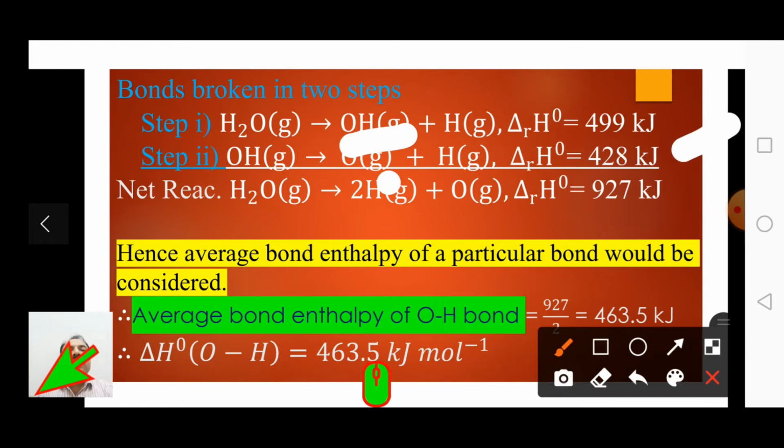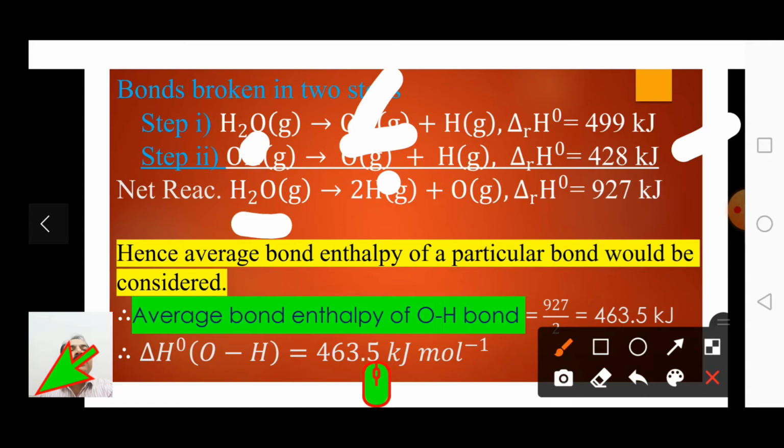Now the net reaction, or overall reaction, is the addition of these two reactions. In the first step, OH on the right side gets cancelled with OH on the left side of the second step. The remaining part is H2O on the left, and on the right, one hydrogen atom from step one and one hydrogen atom from step two.